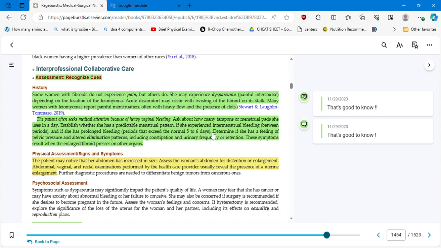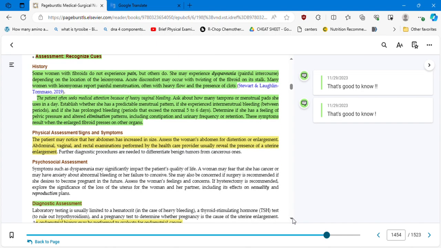Determine if she has a feeling of pelvic pressure and altered elimination patterns, including constipation and urinary frequency or retention. These symptoms result when the enlarged fibroid presses on other organs, and that's good to know, okay?